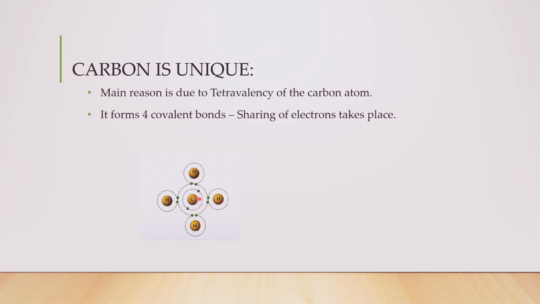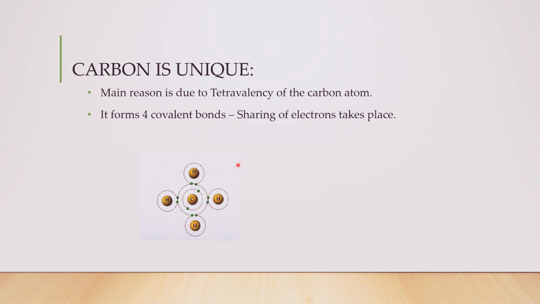Methane means CH4. Carbon binds with 4 hydrogens. Hydrogen has 1 electron, and these 4 hydrogens share electrons to give carbon its octet. See this, carbon has 8 outer electrons, and hydrogen is also stable, that is, it has a doublet structure.